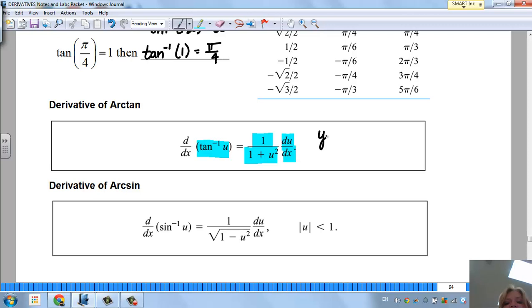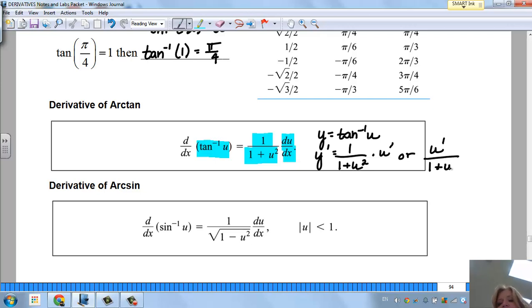If my function is y equals inverse tan of u, then y prime is going to be 1 over 1 plus u squared times u prime, or you might see it where the u prime is put in the numerator because that's what you end up doing every single time. So you would see either one.